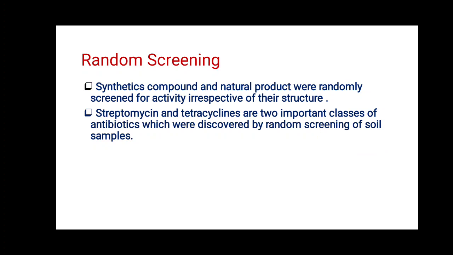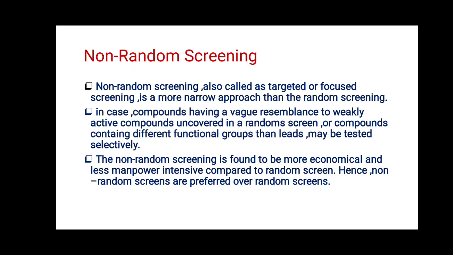For example, streptomycin and tetracycline are two important classes of antibiotics which were discovered by random screening of soil samples. Non-random screening is also called targeted or focused screening, a narrower approach than random screening.